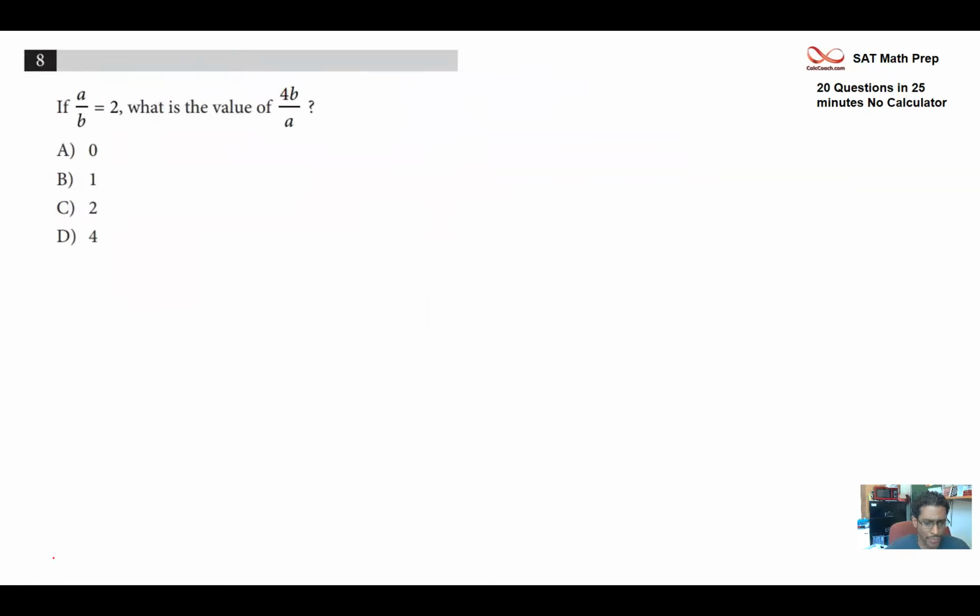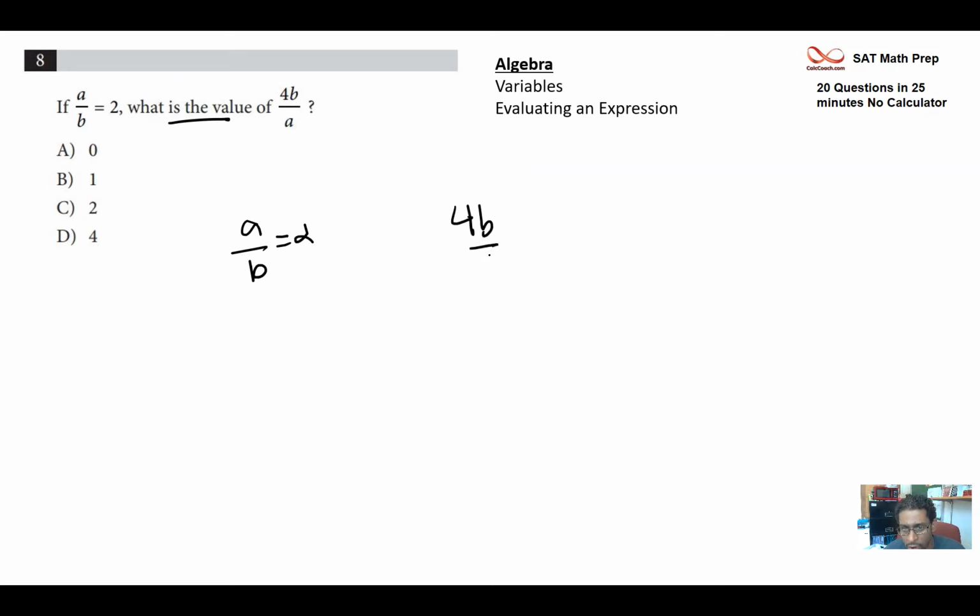Number 8. In number 8, we have A over B equals 2. And we're asked, what is the value of 4B over A? So we have these variables. We want to evaluate this expression, 4B over A, knowing that A over B is equal to 2. So there's many ways to do this.